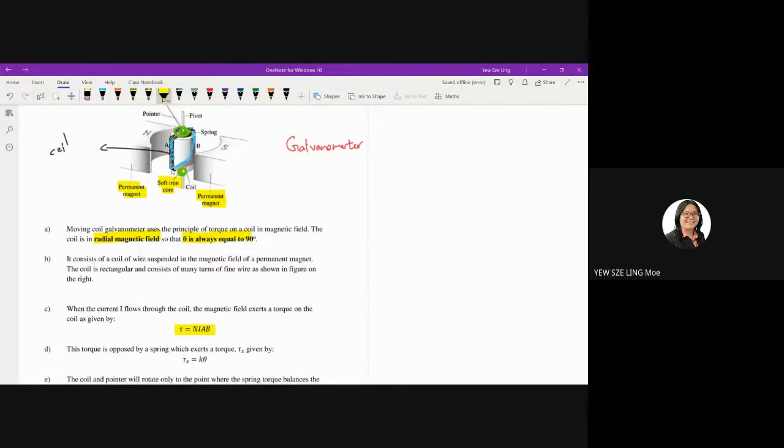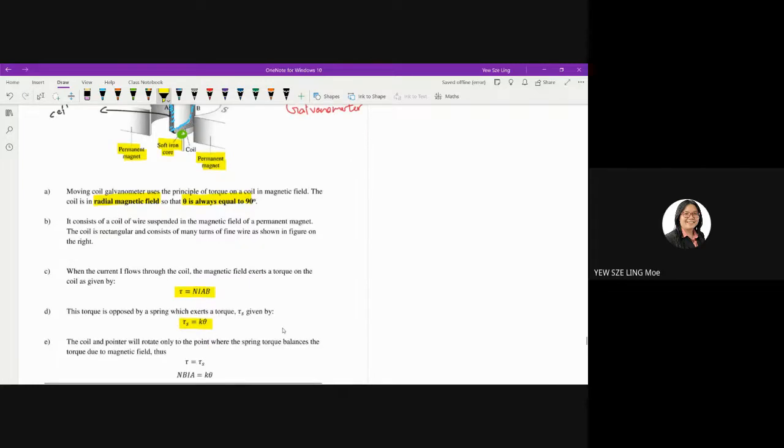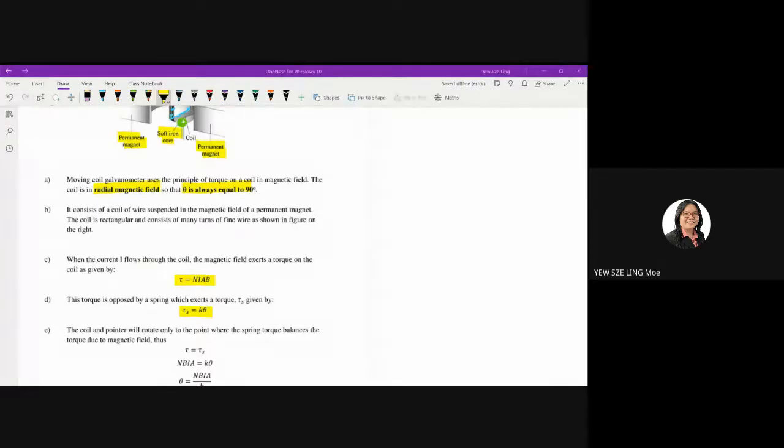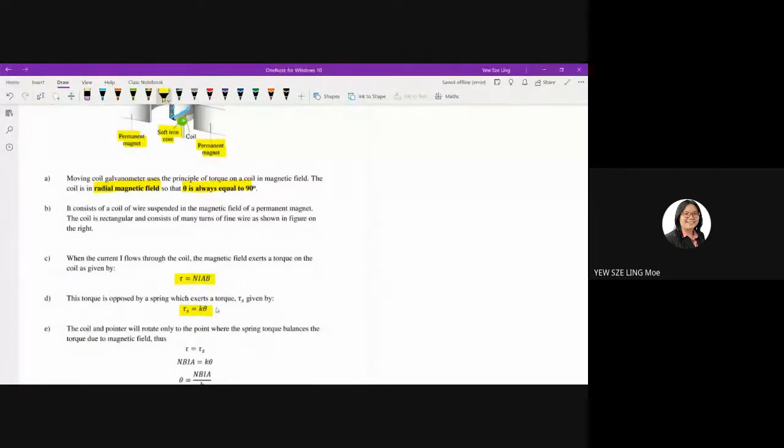When current flows through the coil, the coil will rotate. But because of the spring, the spring exerts a torque in the opposite direction, where the torque is given by torque equals K theta. So when the torque generated by the magnetic field is equal to the torque generated by the spring, then the pointer, the needle, will stop. And that gives you the reading on the galvanometer.